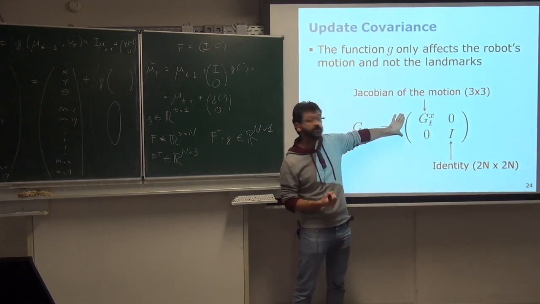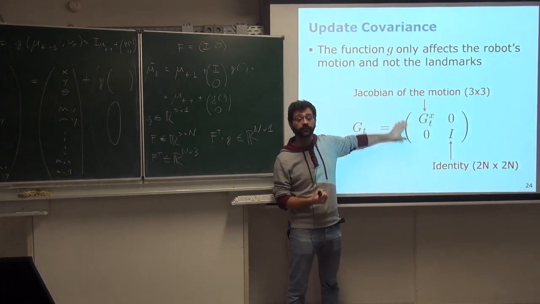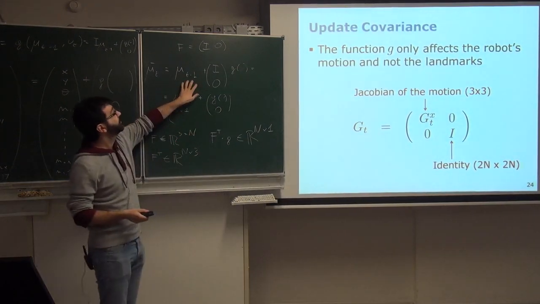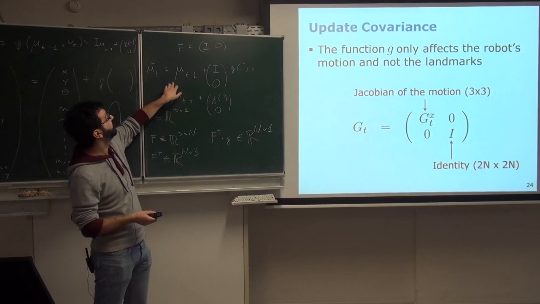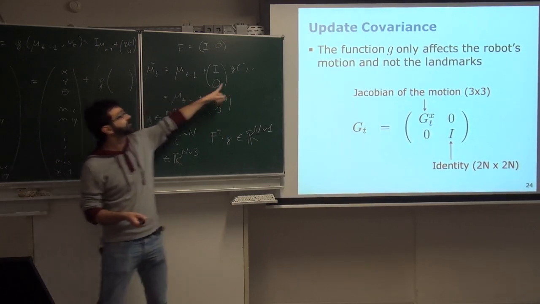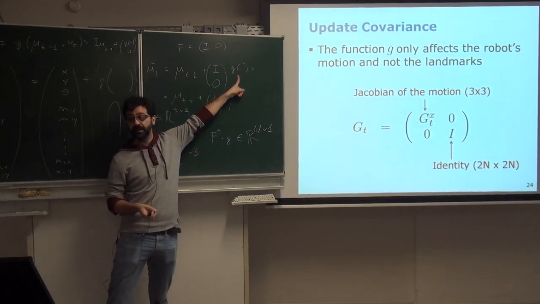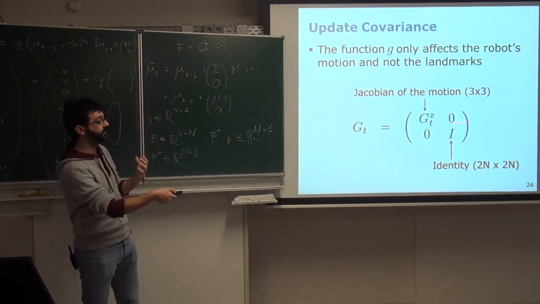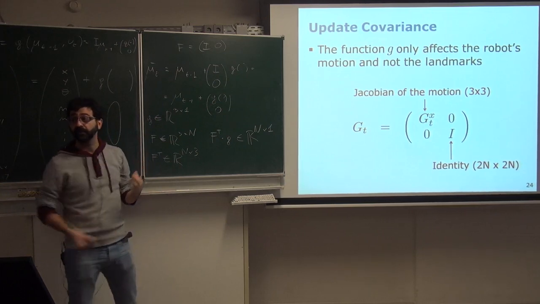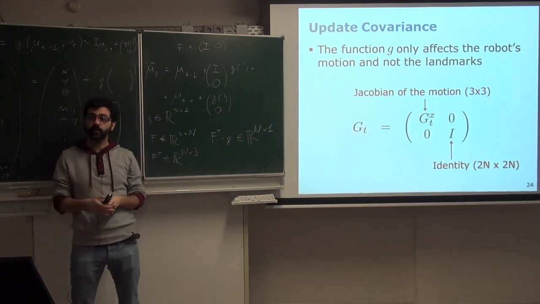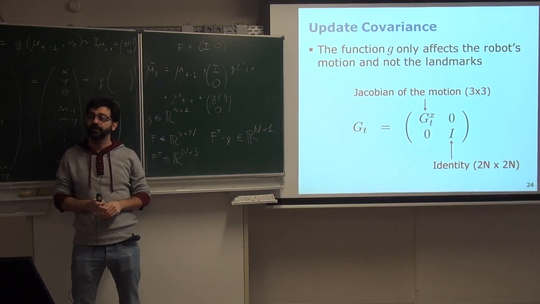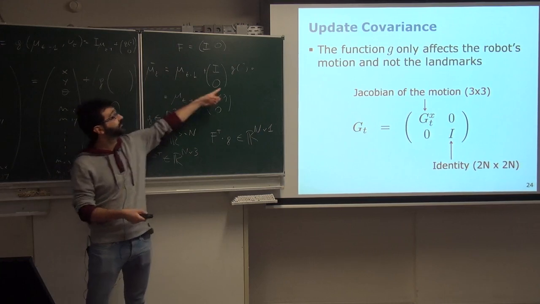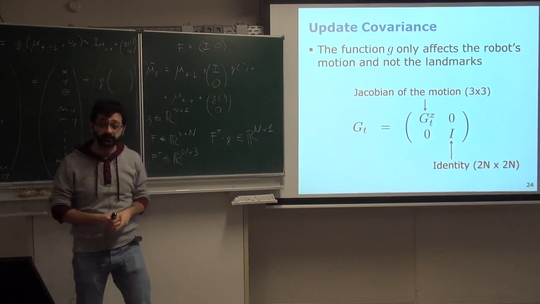The Jacobian, because if this is our function here, we know that the Jacobian with respect to everything but the motion is just an identity function, because the map does not change. And therefore, we have the identity down here. If we then do the Jacobian with respect to the other components, the robot pose, then we have something that depends on G. Is it clear?